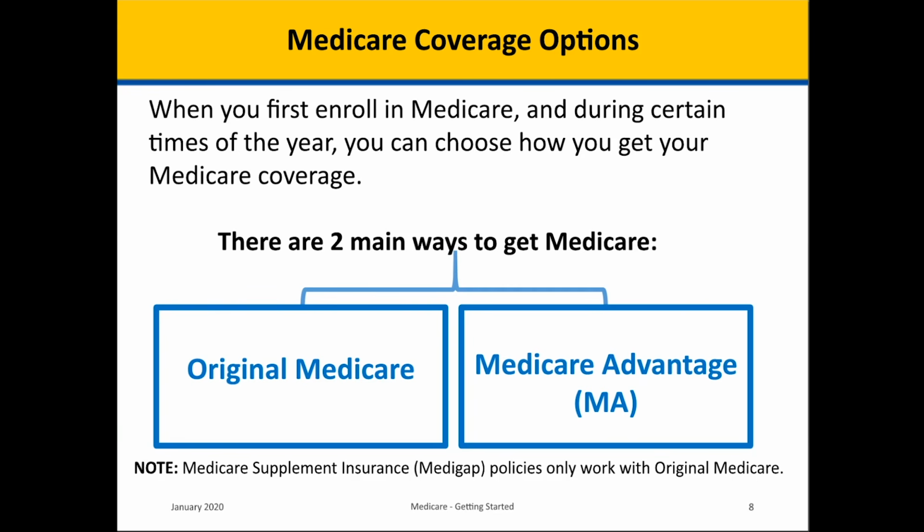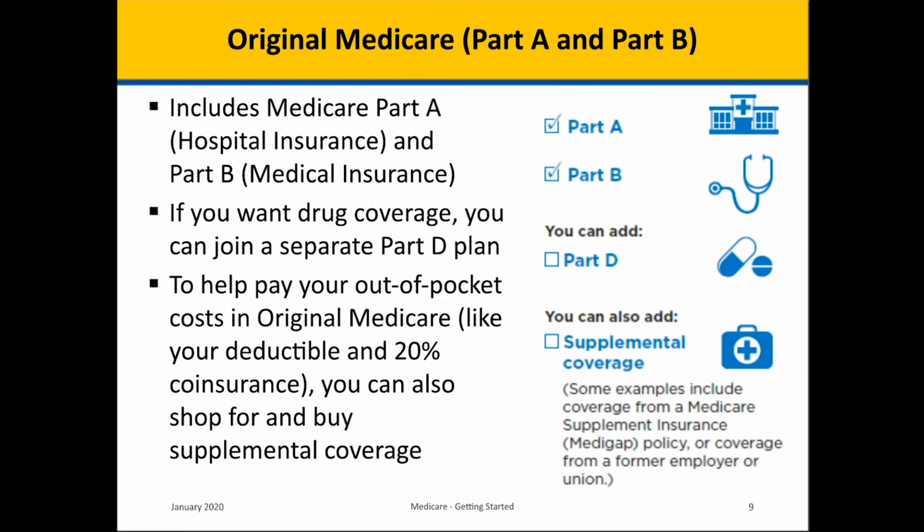Medicare covers many types of services, and the two main ways to get Medicare are through Original Medicare or through a Medicare Advantage plan, also known as Part C. With Original Medicare, you can choose to enroll in a Medicare supplemental insurance policy or Medigap plan, and these policies only work with Original Medicare, which we'll talk about more specifically in a little bit. Next slide, please.